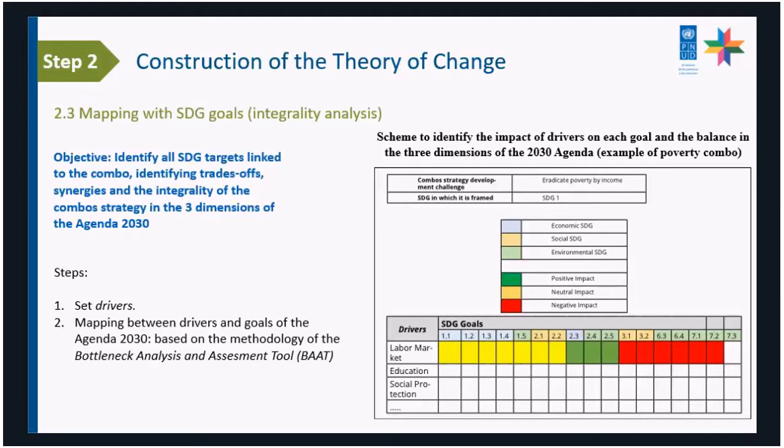So the idea is to use as much information and evidence as exists, as well as the social dialogue, both procedures that George has already discussed as key components in building the theory of change, to also think about how this combo and its drivers will impact the different SDG goals.